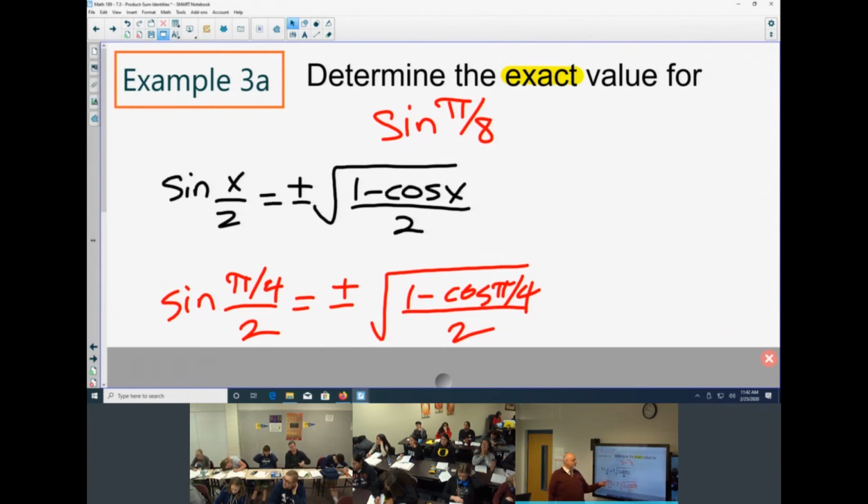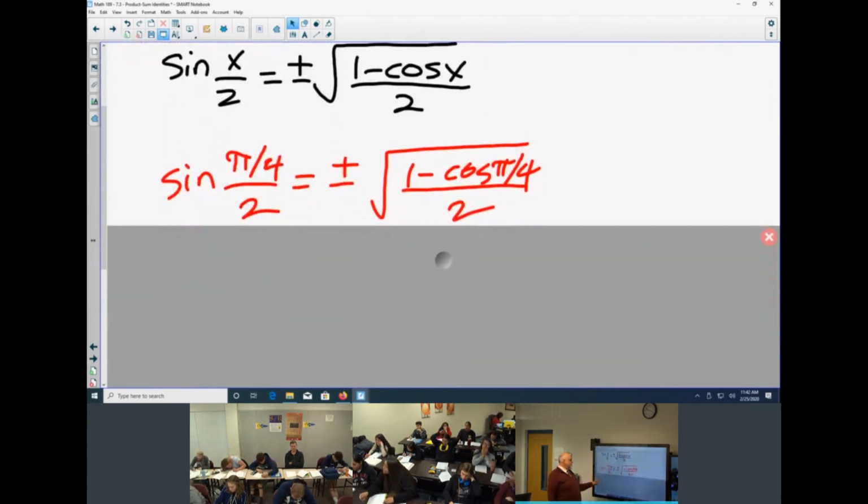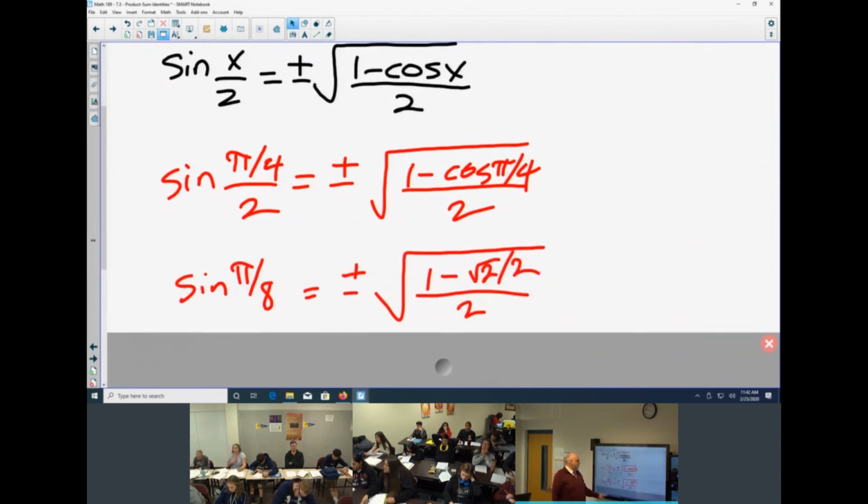So then it's going to be plus or minus radical 1 minus the cosine of pi fourths over 2. Now, the cosine of pi fourths is radical 2 over 2.